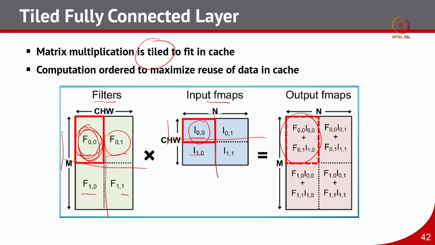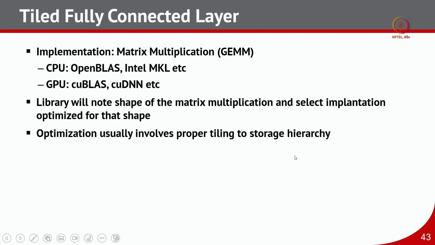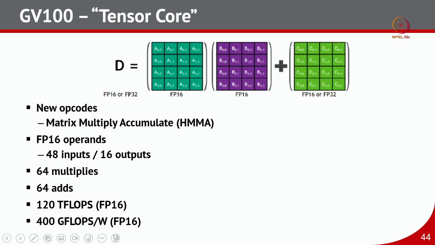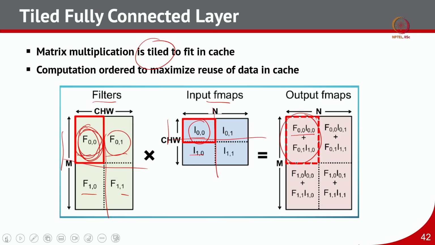If you see closely, we have F00 I00 plus F01 I10. All these 4 values are different, so if we immediately compute F01 I10, then we are not doing any reuse.